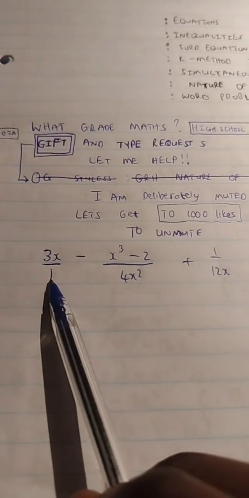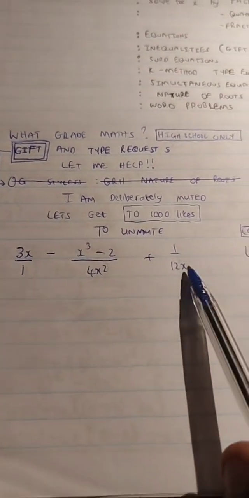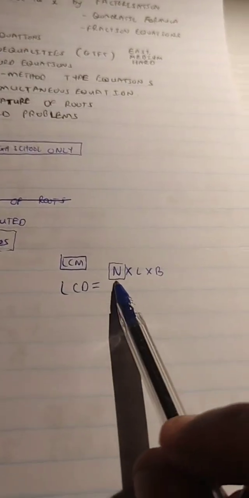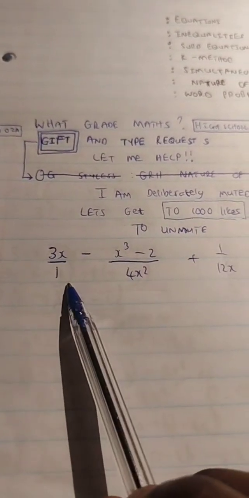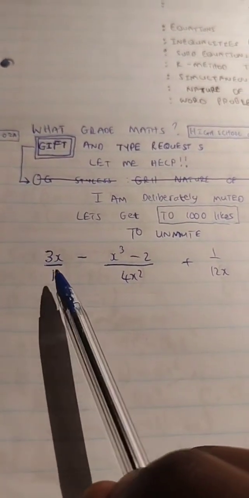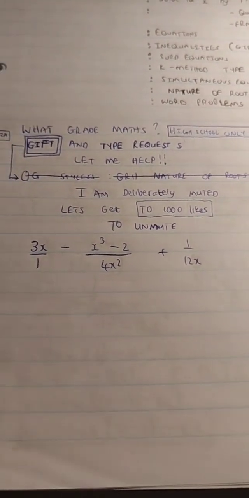So what is the lowest common multiple between 1, 4, and 12? Let us establish that first. Tell me, Bravoza, what is it? Let's start there. Comment in the comment section.